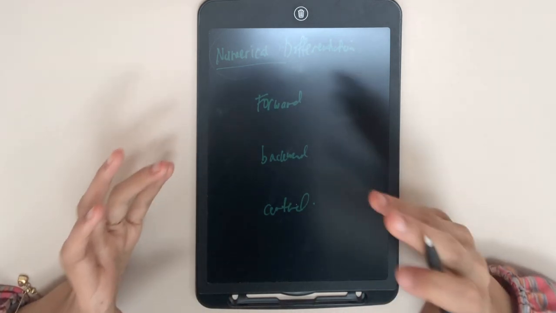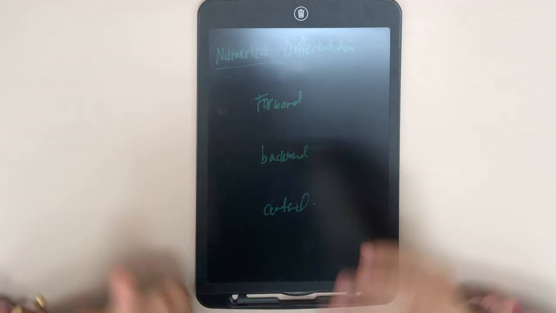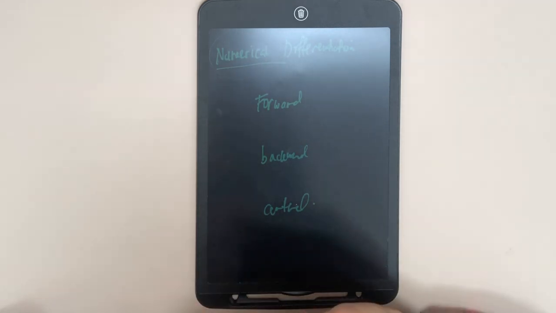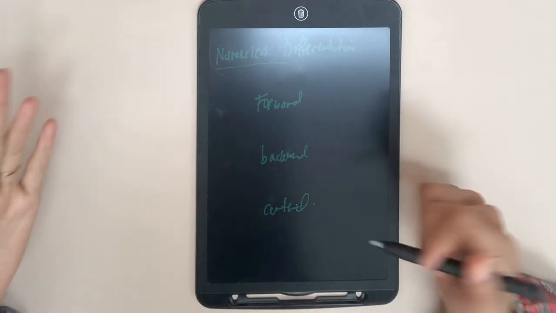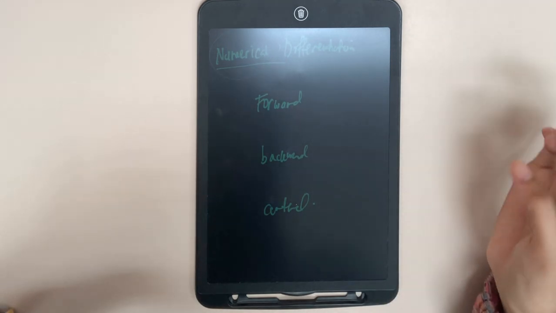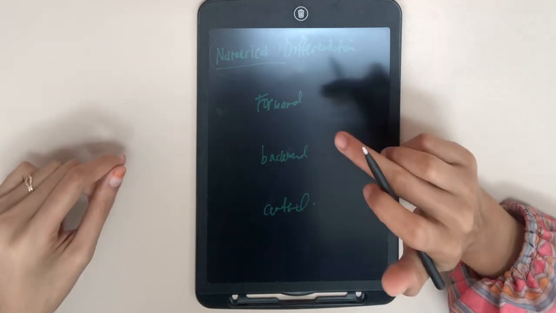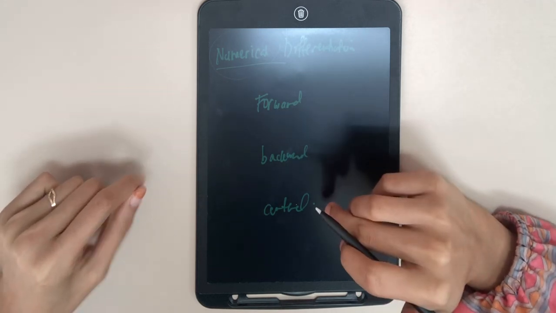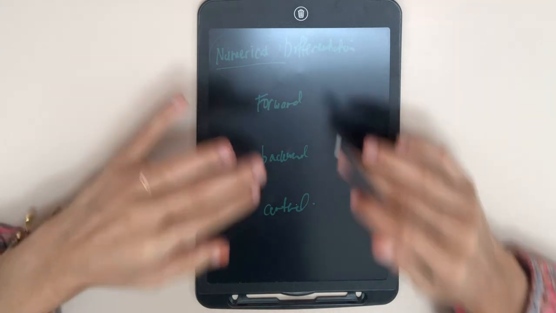The question can ask you to find the numerical differentiation using the forward, backward, and also central formula. Some textbooks use central, some use centered, maksudnya sama lah. So forward, backward, center or central.